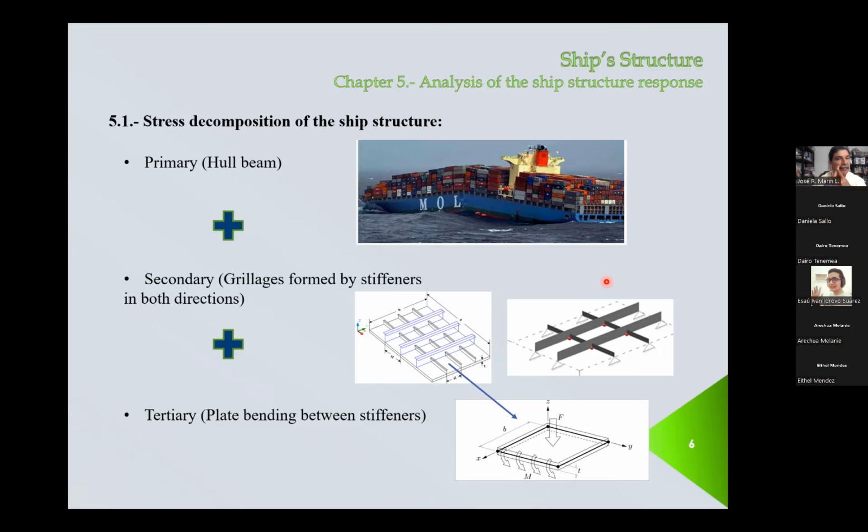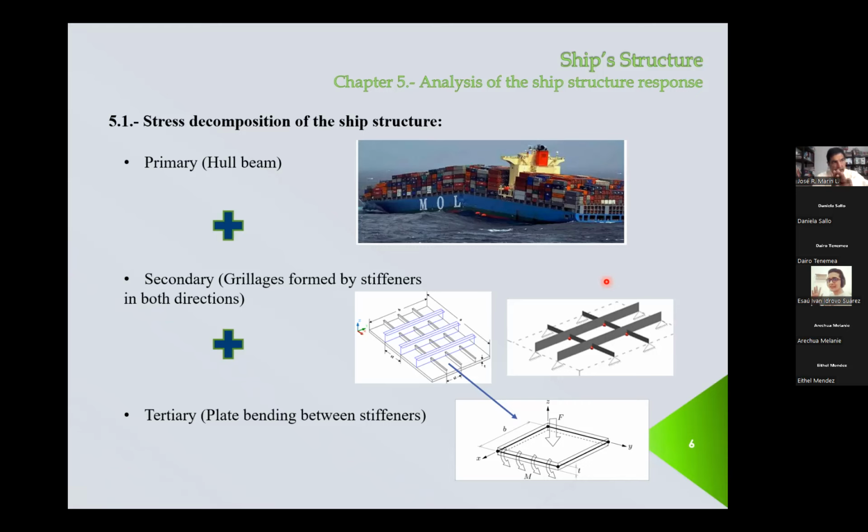So for the first behavior, primary, basically we have normal and also shear stresses. And basically that's a whole beam. For the second case, we have to consider reinforcement in two directions. And what we can do is model that as a group of stiffeners, just beams. It's what we call a grillage.